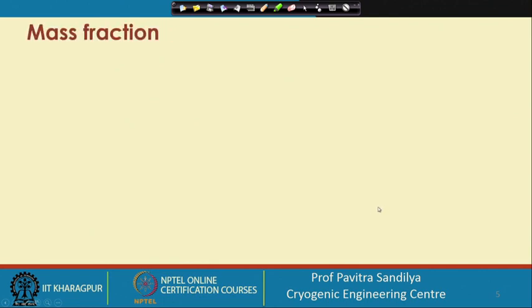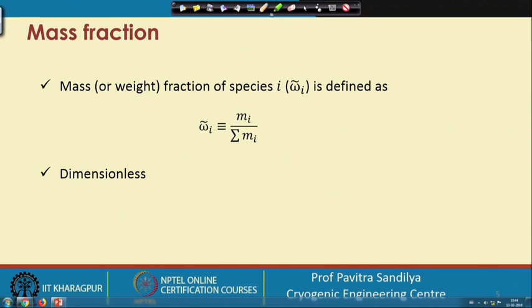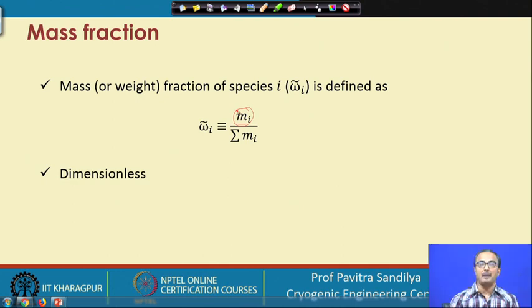Next, we come to the definition of mass fraction. Now, let us see how we define the mass fraction. Mass fraction is defined as the mass of a given species, that is Mi, over the total mass in the system, that is given by sigma Mi, that is we are simply adding the masses of all the species, and it is denoted by this omega i with a tilde.